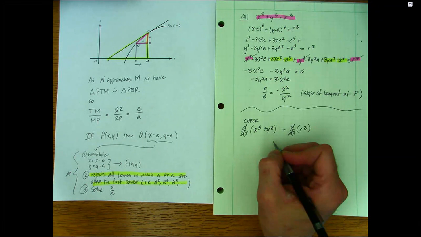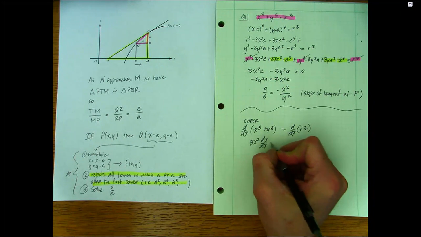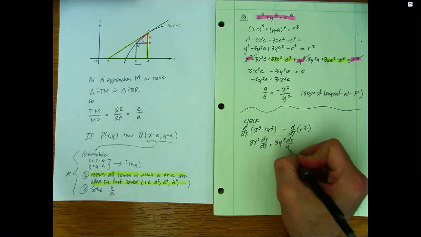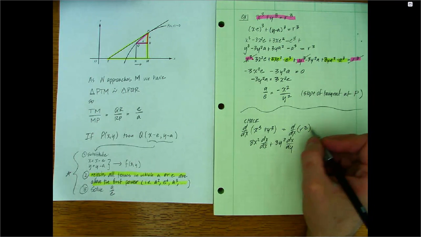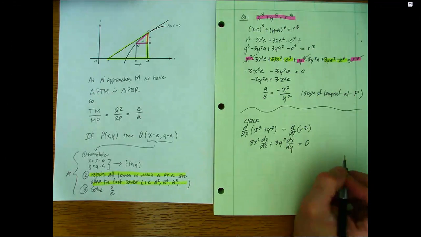And when I do that, I get 3x squared dx/dx plus 3y squared dy/dx, and the derivative of r to the third, well, r is simply a constant, so we get a 0 on that side.